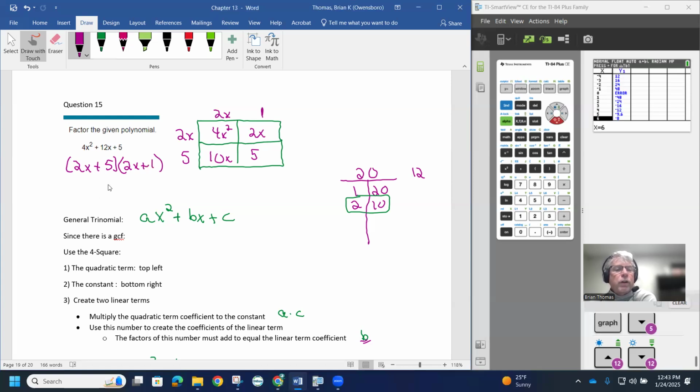And since I've laid this out, I can actually check this way too. 2x times 2x is 4x squared. 2x times 1 is 2x. 5 times 2x is 10x. 5 times 1 is 5. Do the 2 linear terms give me the linear term of 12x? Does 10x plus 2x give me 12x? It does. So you can actually do the check right there in front of us using the box.